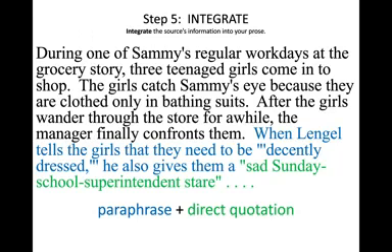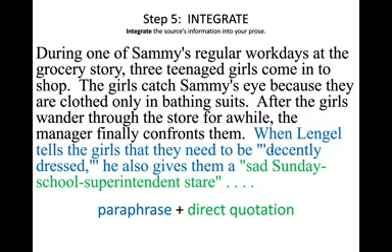Now, when I integrated the quote into my sentence, I'm using a combination of paraphrase and direct quotation. The paraphrase is when Lingle tells the girls that they need to be. That's paraphrase. Decently dressed is a direct quotation, then more paraphrase. He also gives them a, and then sad Sunday school superintendent stare. So there you're seeing an example of me mixing up my prose and direct quotations.